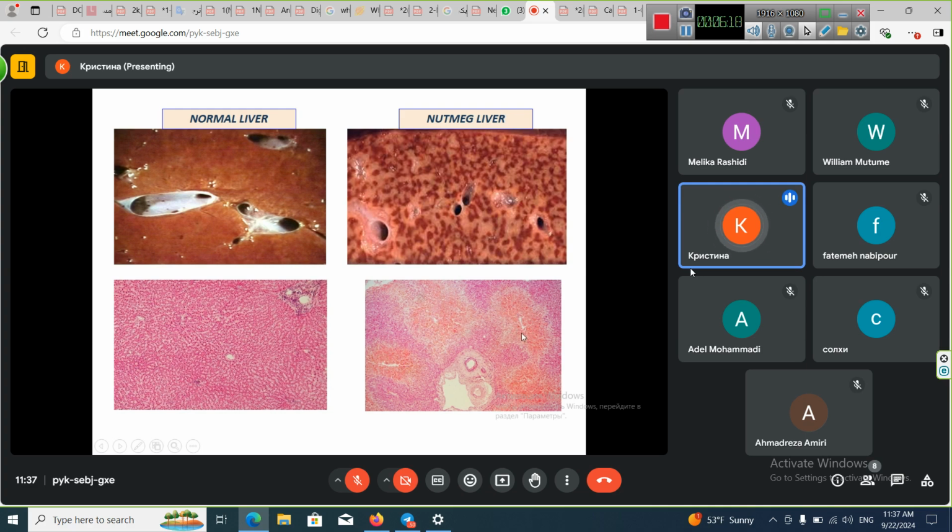These are the areas of congestion. These areas are so red because of blood which stays in blood vessels, and these areas in histology correspond to the darker red areas in anatomy, and other areas correspond to more whitish areas in anatomy.